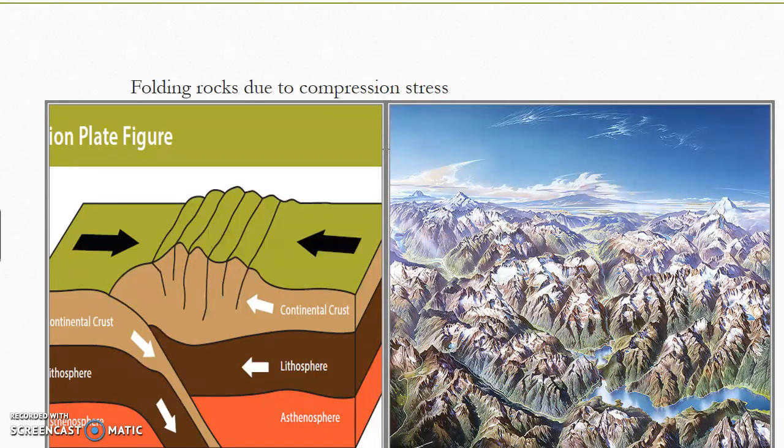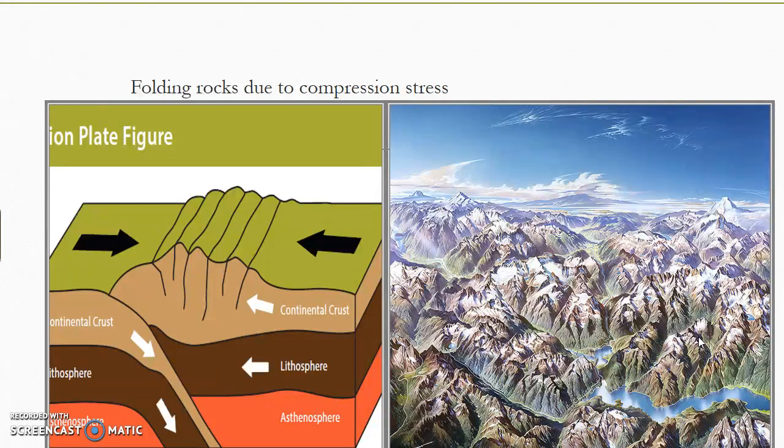Earthquakes also occur at these types of plate boundaries, but I want you to take a look at the picture on the right. It basically looks like a car got into a crash and all the metal's kind of crinkled up and folded up. Well, ironically, that's kind of what's happening right here. This is a diagram of the Cascade Mountain Range.